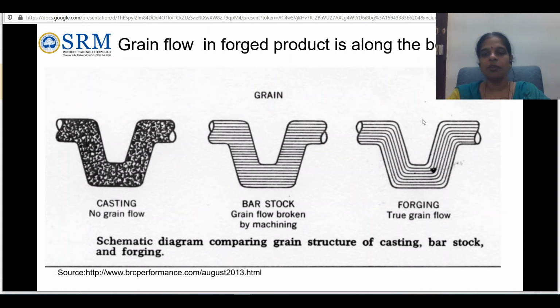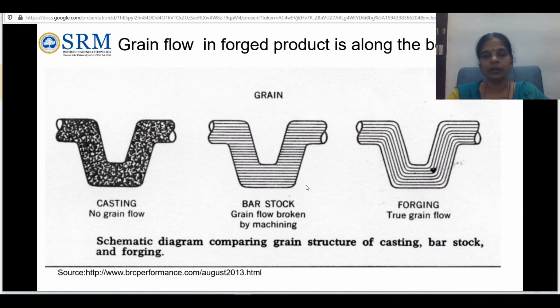The metal forming process always produces a good product. Usually the crane hook produced by the forging process withstands or carries a heavy load as compared to a crane hook made by casting as well as by the machining process.